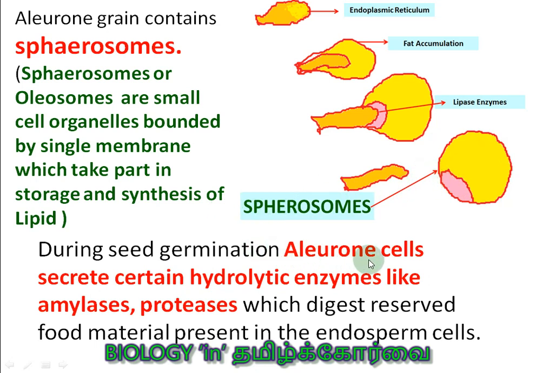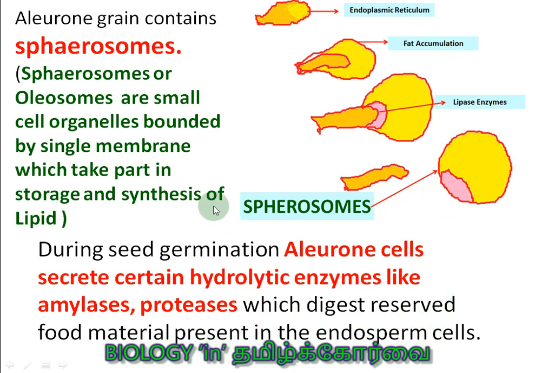During seed germination, aleurone cells secrete certain hydrolytic enzymes like amylases, which digest carbohydrates, and proteases, which digest proteins, which digest the reserve food material present in the endosperm cells.